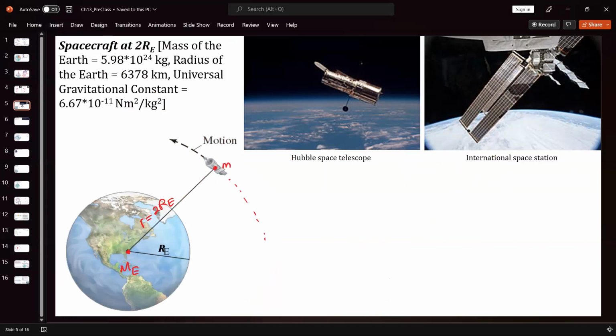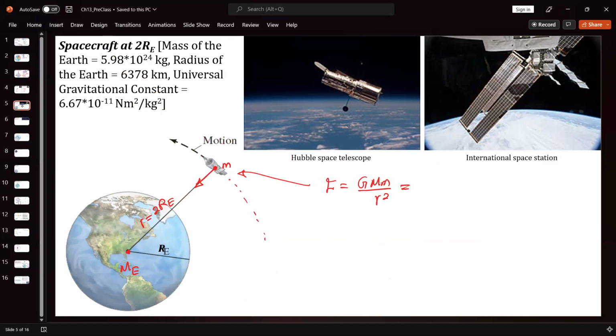Now, this object should have a force of gravity, G small m large M over radius to the power 2, that should be equal to the centripetal force towards the center. The object can stay on that circle only if it always has that centripetal acceleration. In this particular case, the centripetal force is the gravitational force.